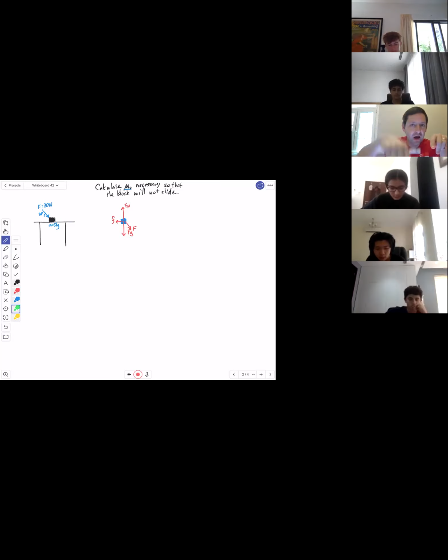Pushing up or down on something isn't going to cause more friction by itself. Right now, as my iPad sits here, there's no friction because it's not trying to move. If I push down on my iPad, there's still no friction because it's not trying to slide. There's no attempt at motion.